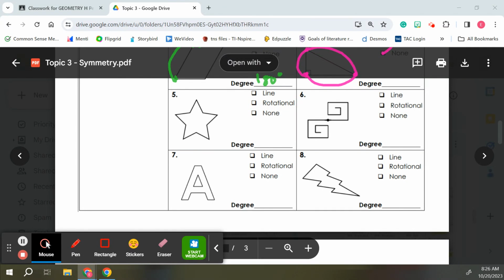Yeah, technically it's 360, but we don't worry about that because it has to be less than 360 for rotational symmetry. Just one. It's the same on both sides.